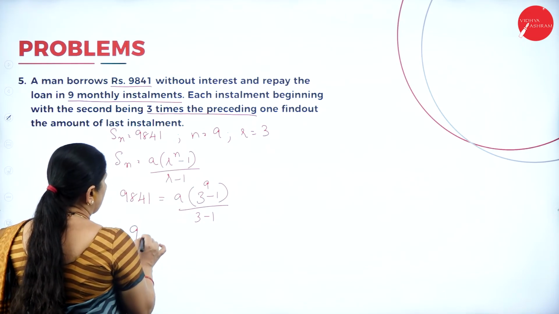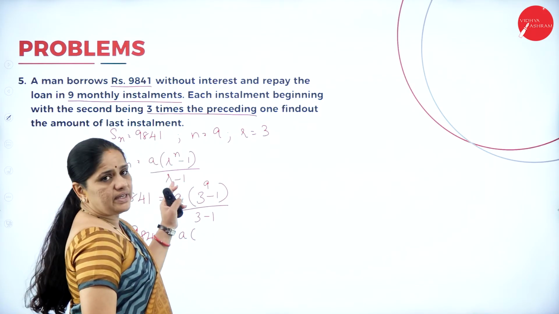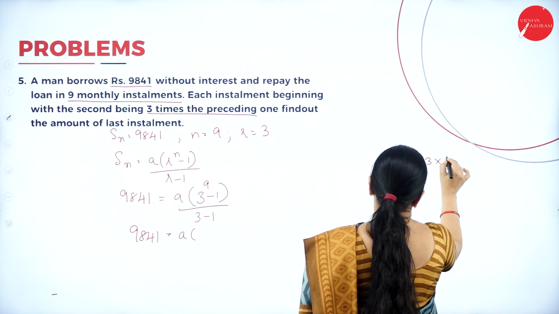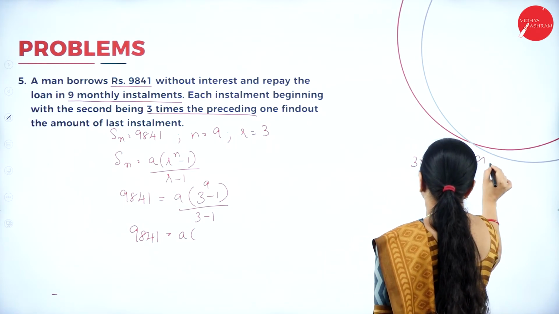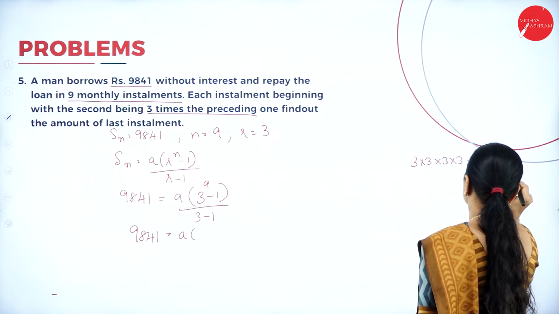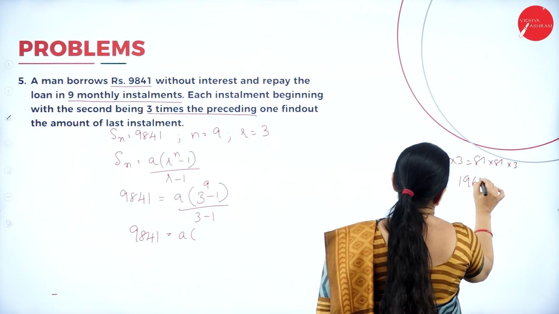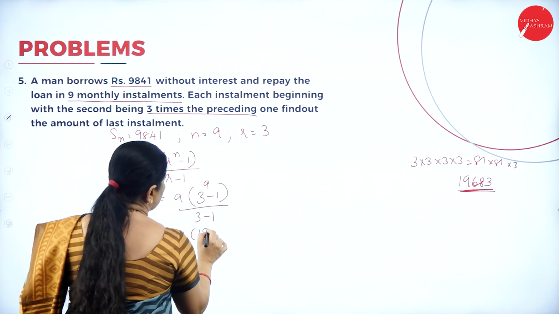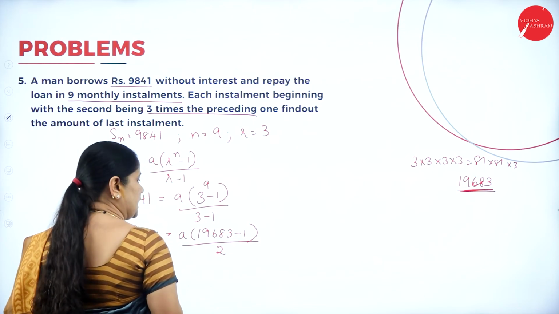So, 9841 will be equal to A into, so when we multiply 3 to the power 9, so this will be 3 into 3 into 3 into 3. So, 3 3s are 9, 9 9s are 81. So, again 81 into 81 into 3. So, I get the answer as 19,683. So, I will write here 19,683 minus 1 divided by 2.